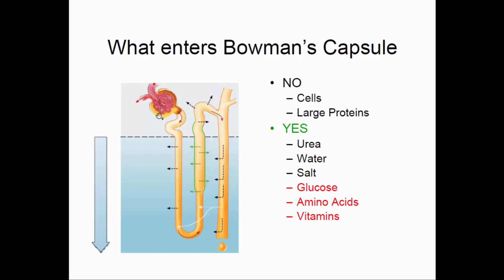That's usually a sign that the blood glucose levels are at a pretty high level, and you've reached a certain threshold where you're actually urinating out that glucose, and that's a sign of diabetes. Well, the glucose, the amino acids, and the vitamins, while they might be filtered out into Bowman's capsule, they're reabsorbed pretty rapidly.